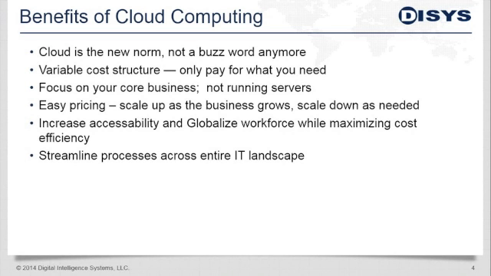For any organization, the real push toward innovation comes when they concentrate more on their core business rather than running and managing servers. This is the bottom line of cloud computing, and let's look at Amazon Web Services.